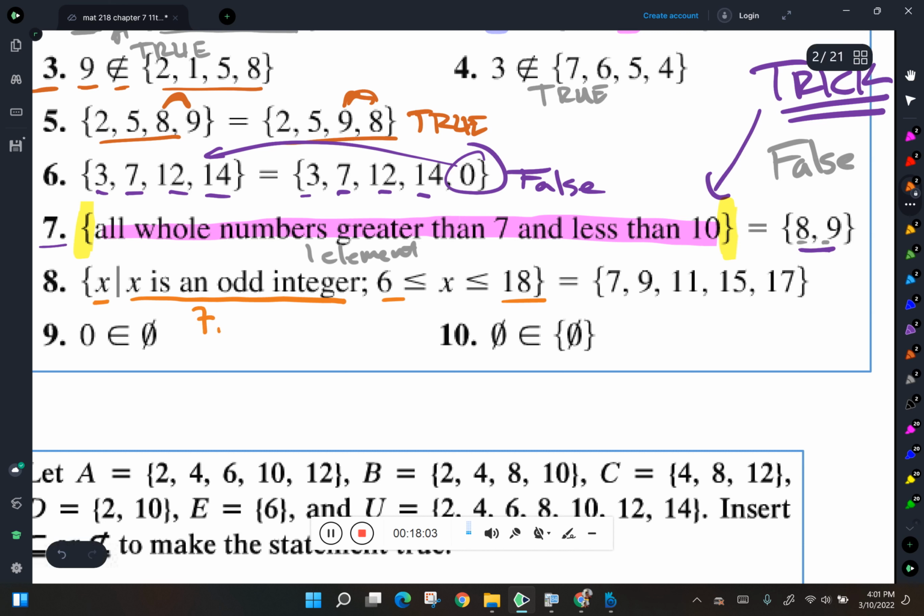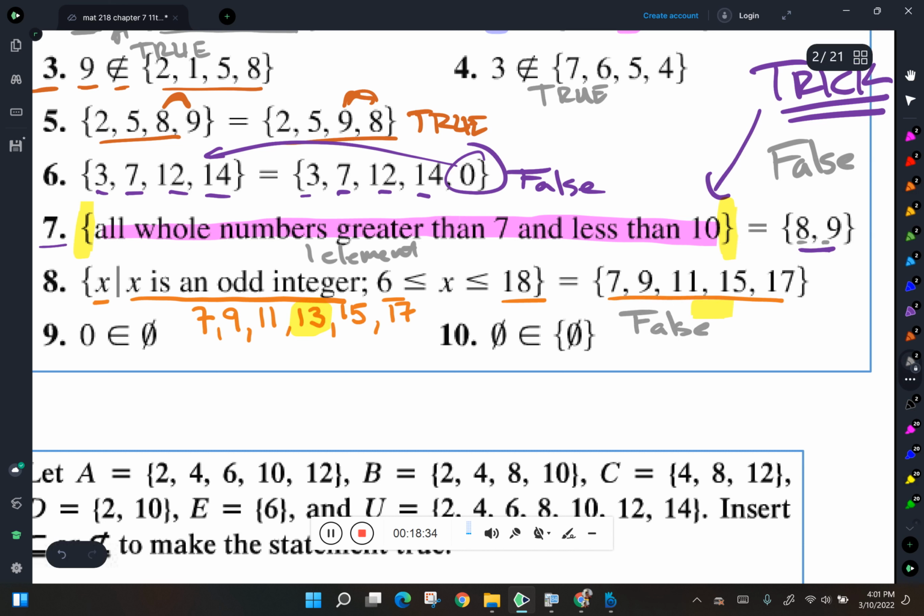Well, that's going to be 7, 9, 11, 13, 15, and 17. Is that the same as this? I don't think it is, because what's here but not there? So this is also a false statement.